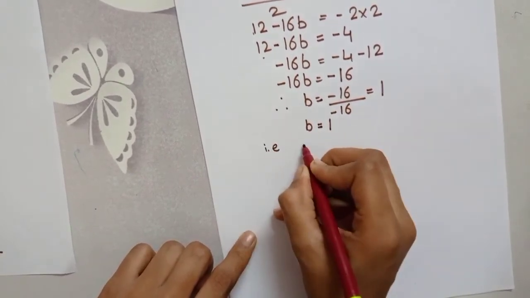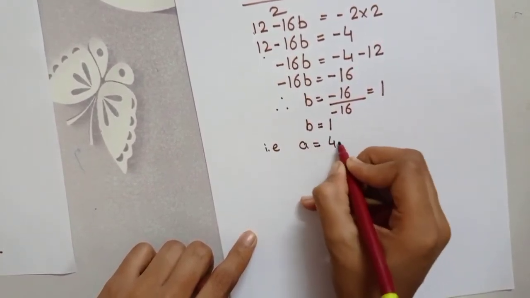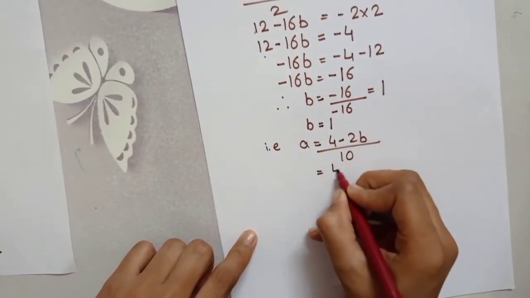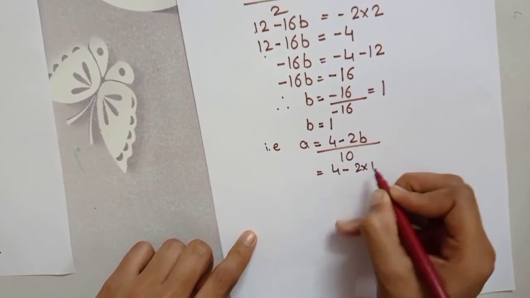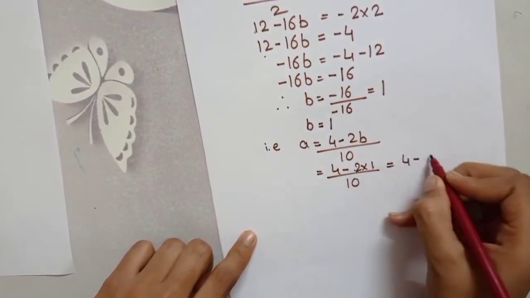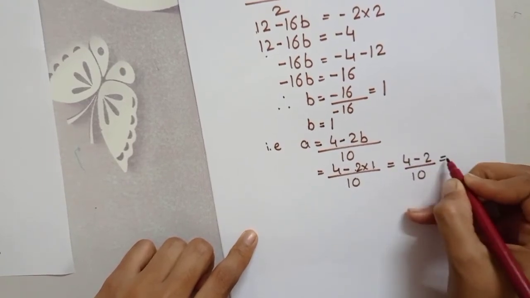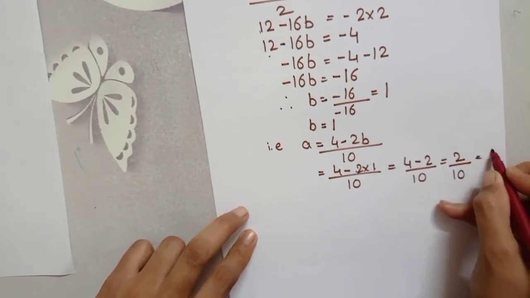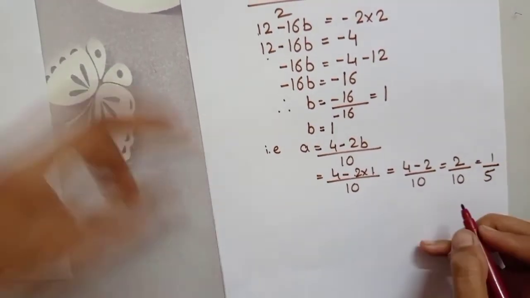That is a is equal to 4 minus 2b by 10, which is 4 minus 2 into 1 by 10, which is 4 minus 2 by 10, which is 2 by 10, which is 1 by 5.